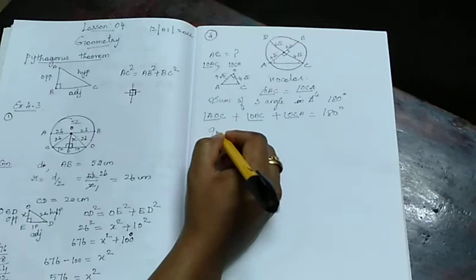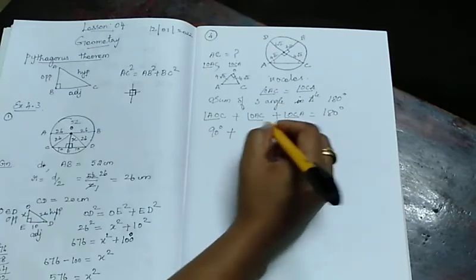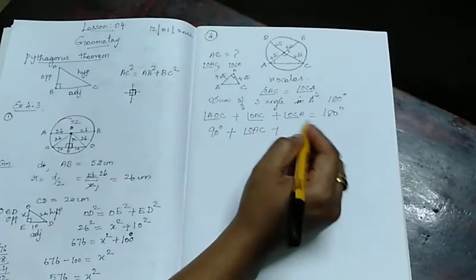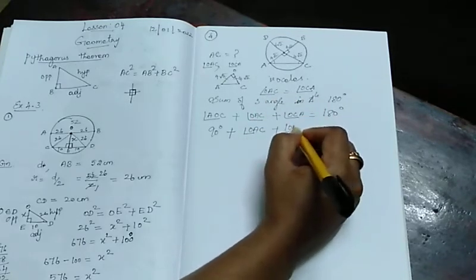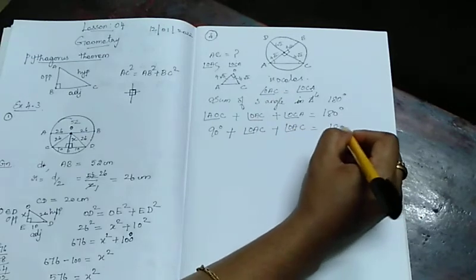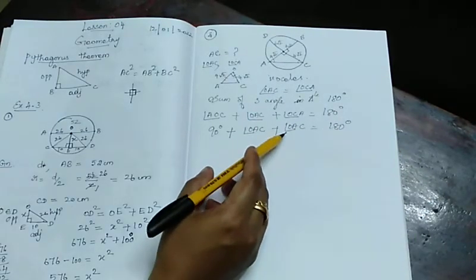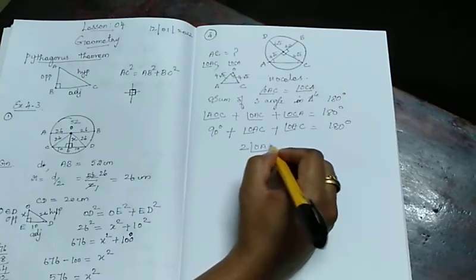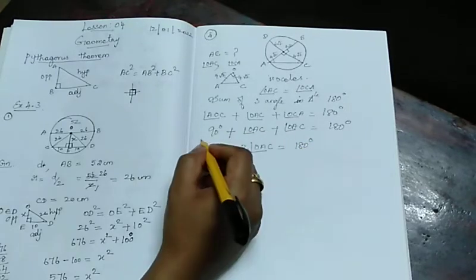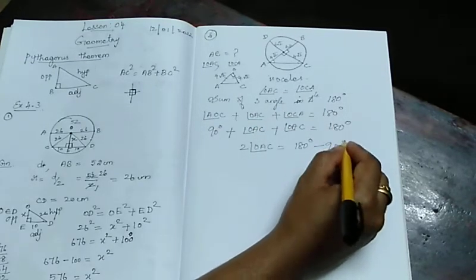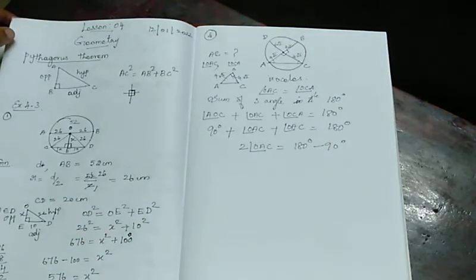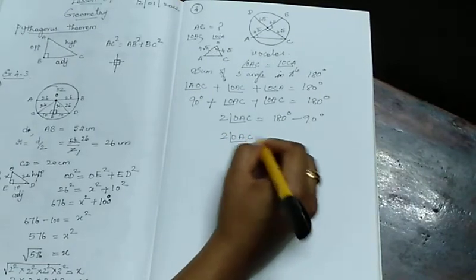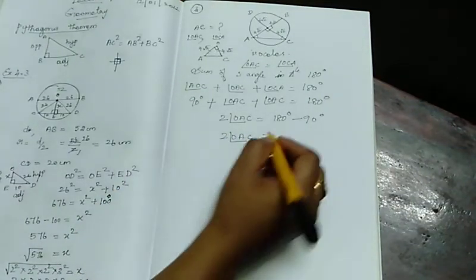AOC is 90 degree plus angle OAC plus angle OCA. Angle OAC is equal to, now angle OAC plus angle OAC how many? 2 angle OAC is equal to 180 degree. 90 goes to that side means minus. So 2 OAC is equal to 180 minus 90.